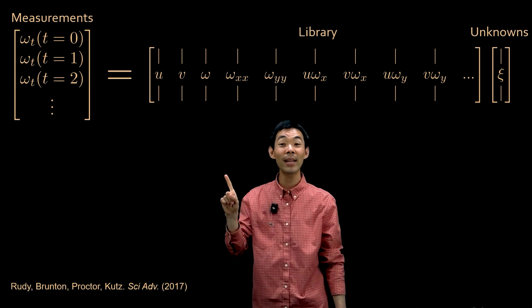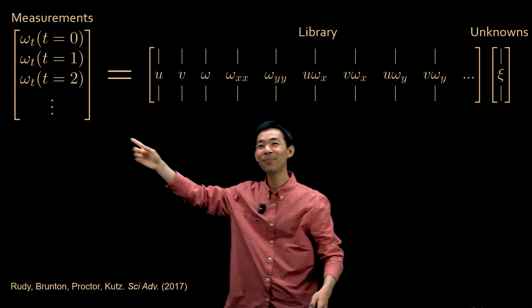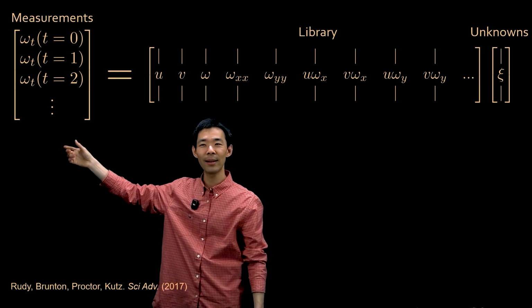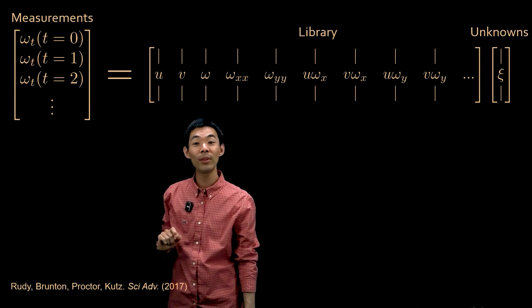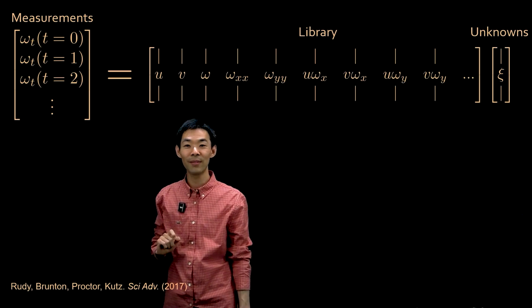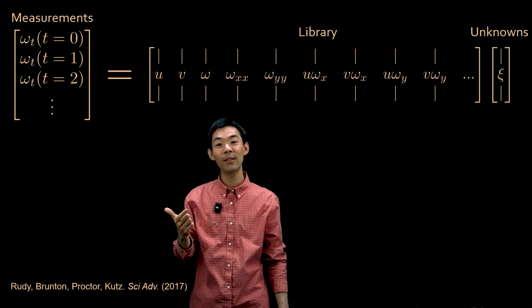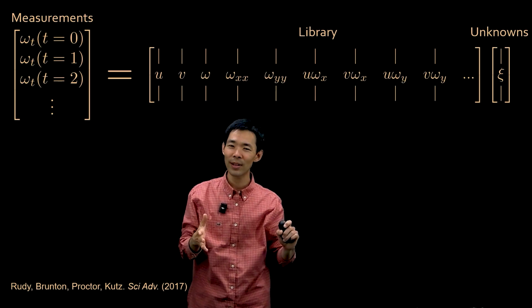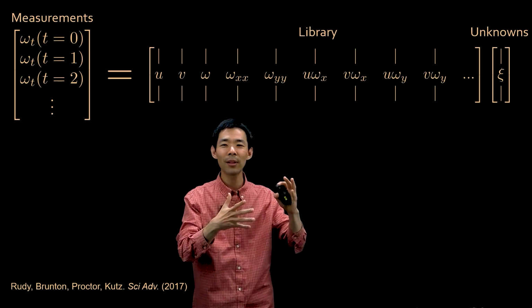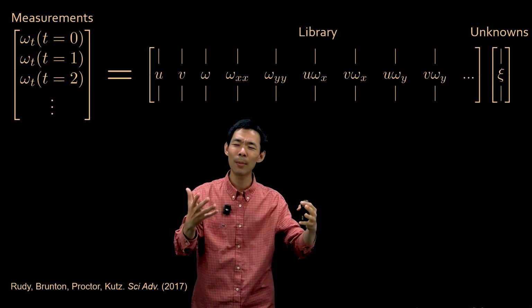First, we can take measurements, which is data that you already have access to, in the form on the left-hand side. Here I'm showing you measurements of the vorticity, which is the curl of the velocity field. The reason we're measuring the vorticity instead of the velocity field is because there's this pressure field term inside that stress tensor, which becomes a Lagrange multiplier that you need to add because your fluid is incompressible.